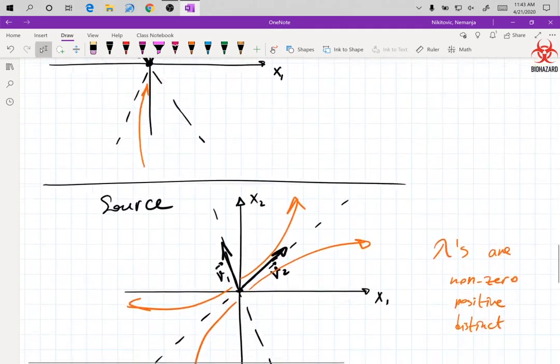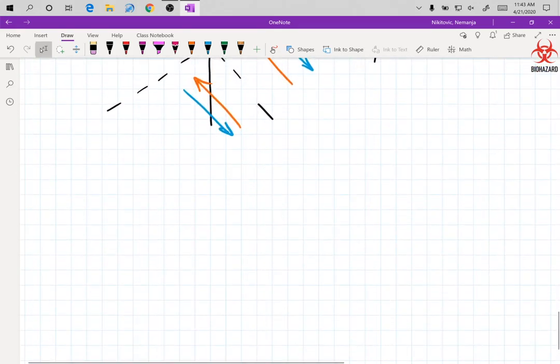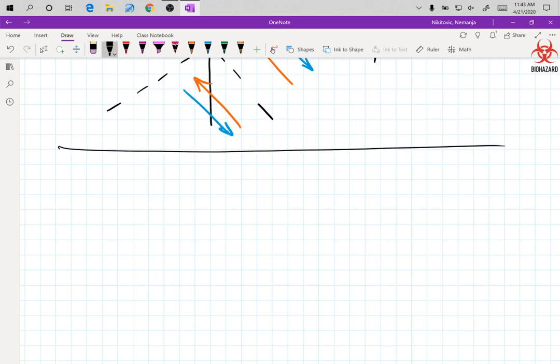Let's take a look at repeated. Repeated eigenvalues. So if you have a repeated eigenvalue, you will have the situation where they are going out.